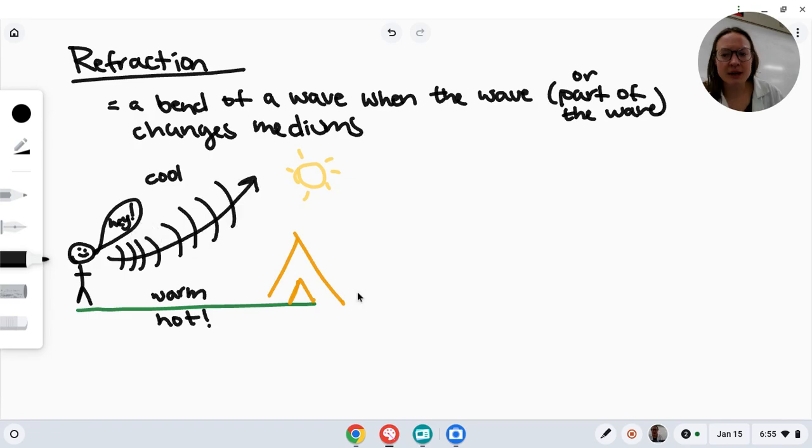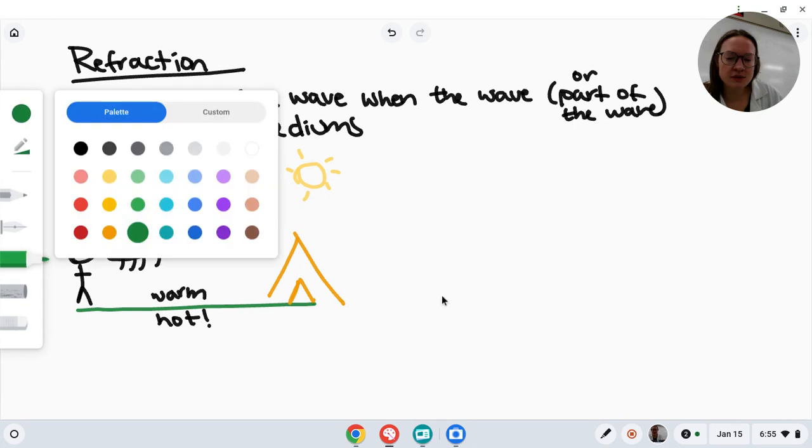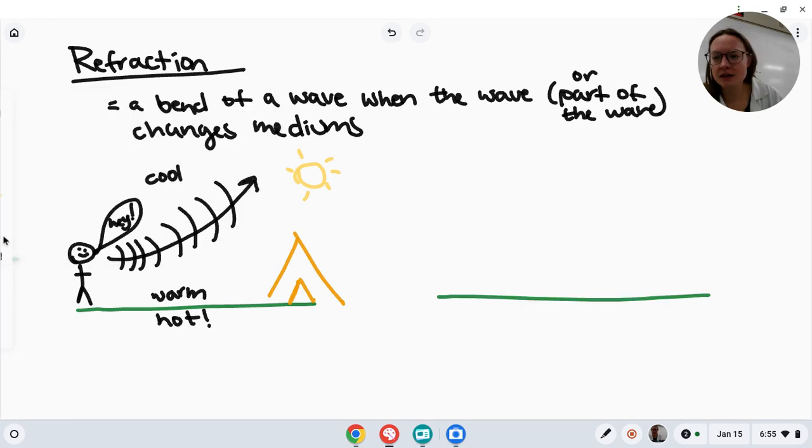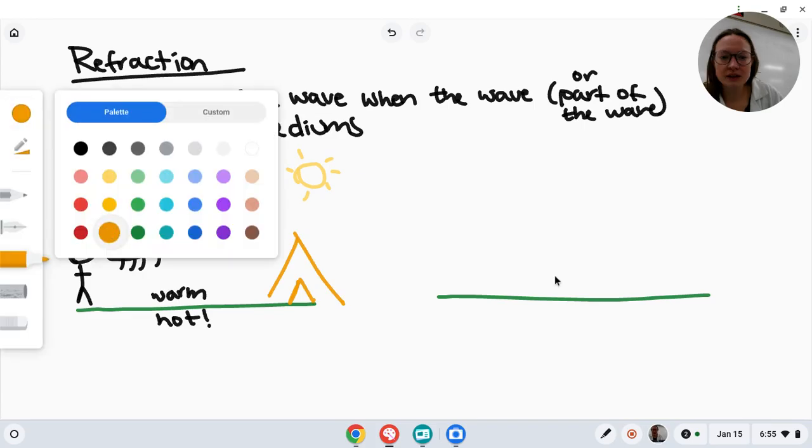But here's what happens in the nighttime. In the nighttime, we still have the same situation. You've got the ground underneath you. You've got your little yellow happy tent.